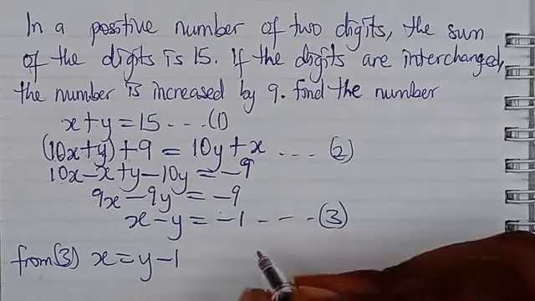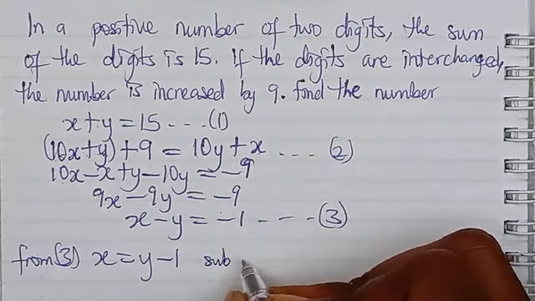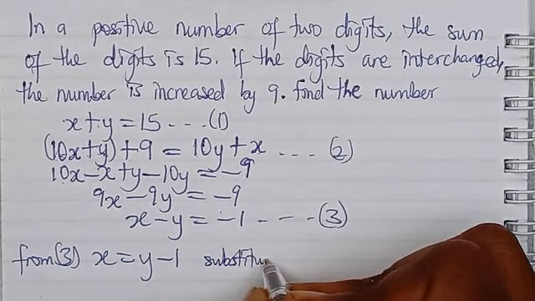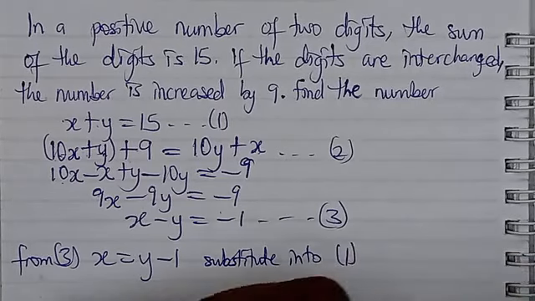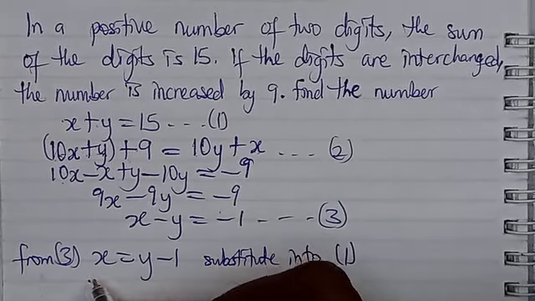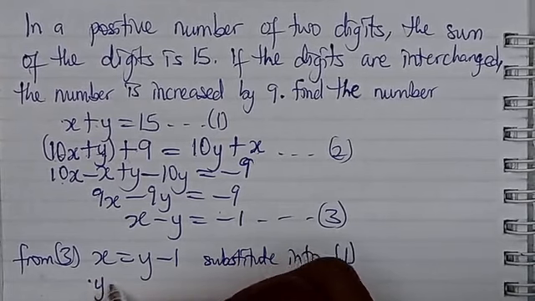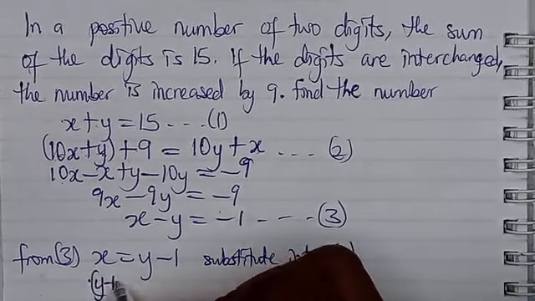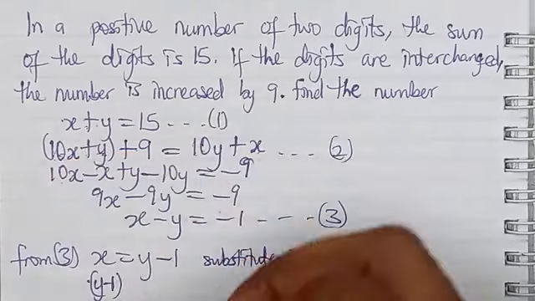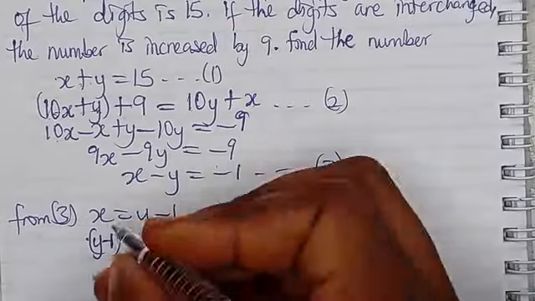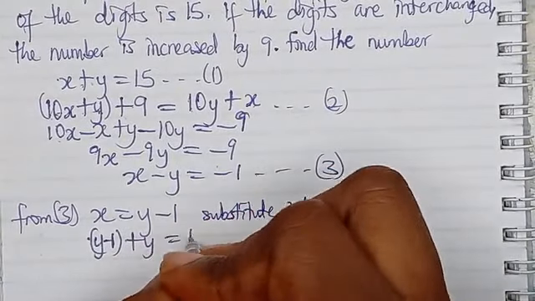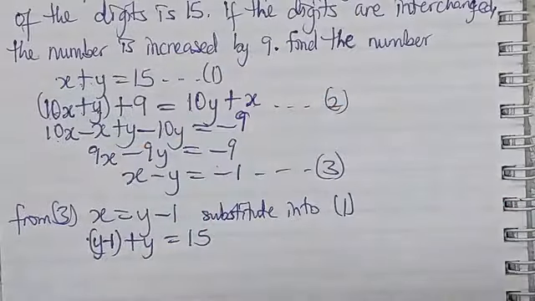So we substitute into equation 1. Wherever we see x, we're going to say y minus 1. So y minus 1 for x here, plus y, is equal to 15. That's from equation 1.